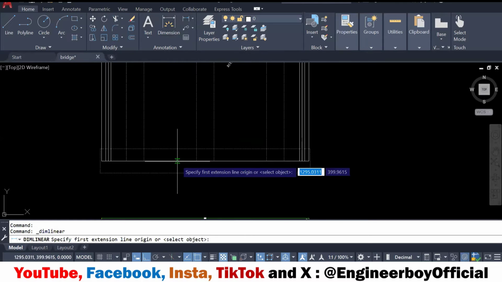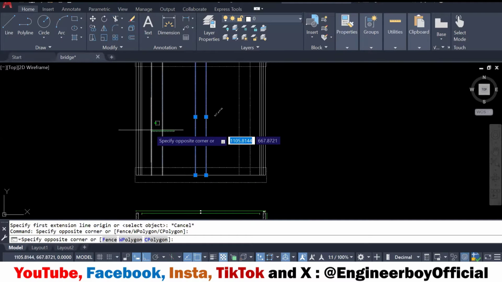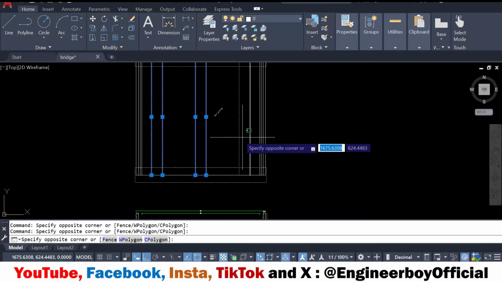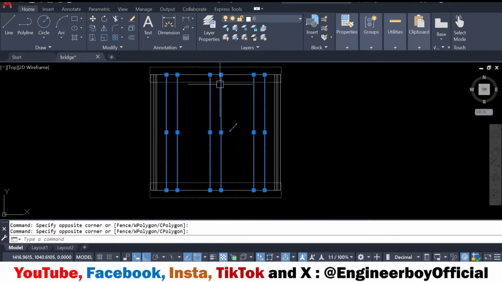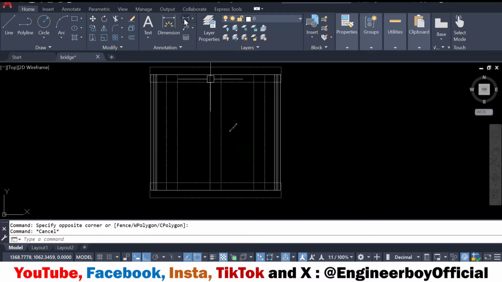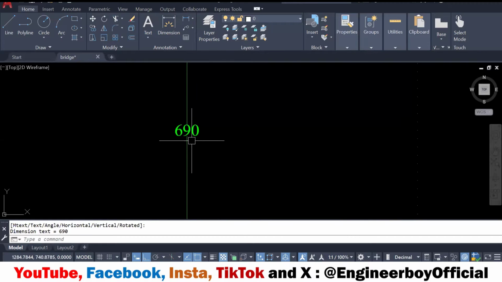You can confirm this in the same drawing by the dimensions. If you can see, these two lines, and then these two, these are the girders, maybe T-beams. So you can just confirm their length. From this point till this point, it should be 690 centimeters, which is actually 6.9 meters. Very simple.